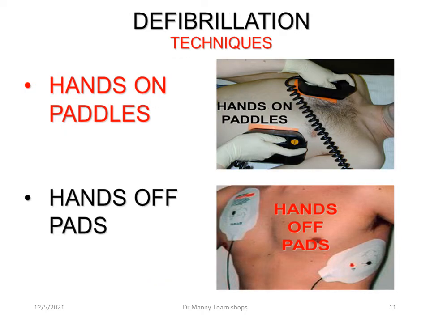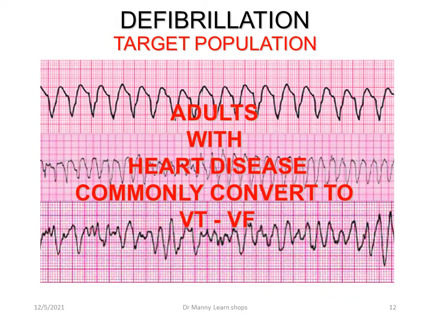When we look at the defibrillation techniques, primarily there are two. Hands-on with the paddles and hands-off with the pads. The target population for defibrillation are primarily adults with heart disease that commonly convert to ventricular tachycardia VT or ventricular fibrillation VF because of their heart disease, ischemia, infarction.